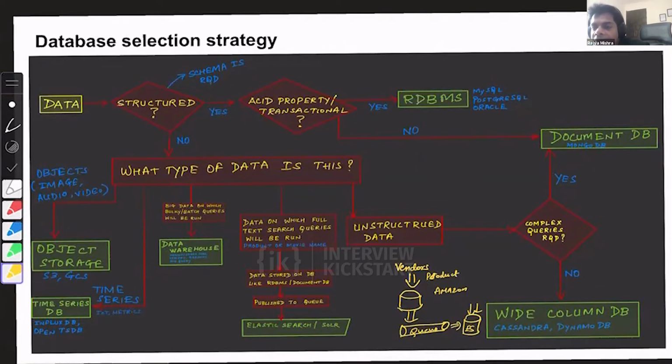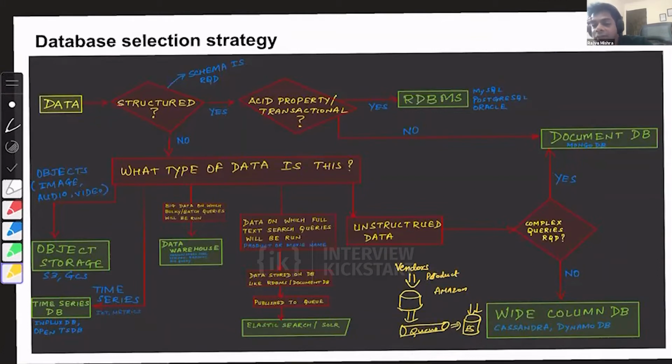Graph databases, we will talk about them, but at a very shallow level, because they are very niche databases. In my experience, I have not used them a lot. I've given many interviews and I have taken many interviews, and I have never talked about graph databases.